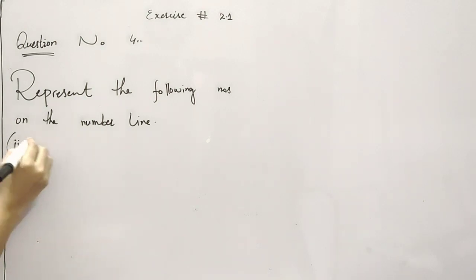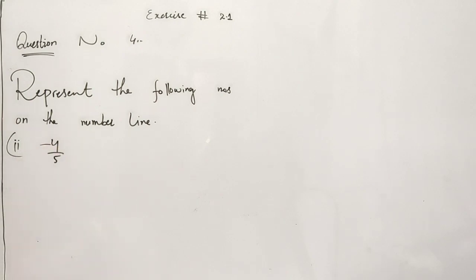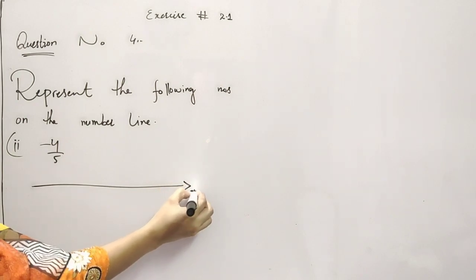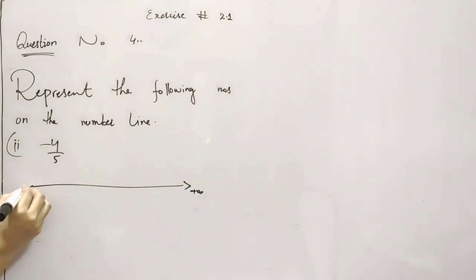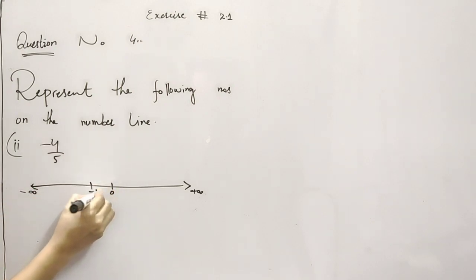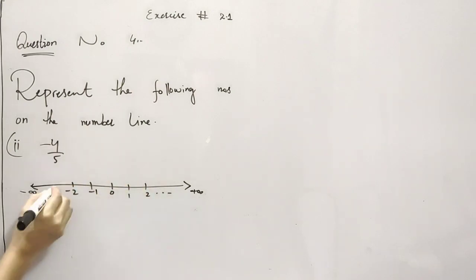The second part is minus 4 divided by 5. Here plus infinity, here minus infinity, 0, minus 1, minus 2, 1 and 2 and so on.